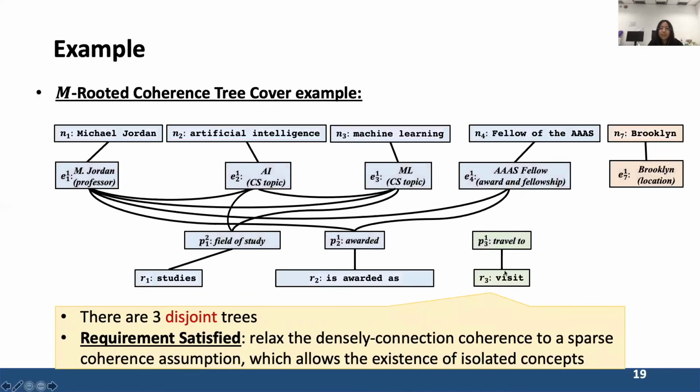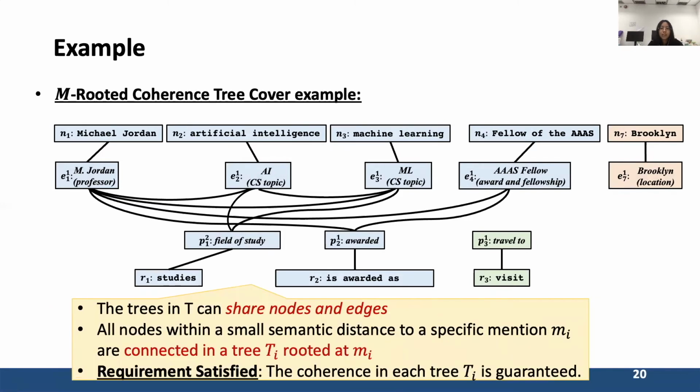And second, in this example, there are 3 disjoint trees. This satisfies the requirement to relax the dense connection coherence to a sparse coherence assumption, which allows the existence of isolated concepts. We further ensure that the nodes within a small semantic distance to a specified mention Mi are connected into a tree Ti rooted at Mi.